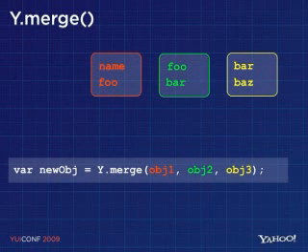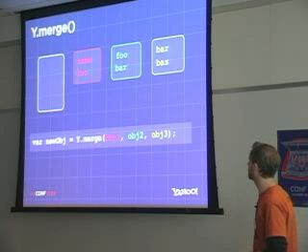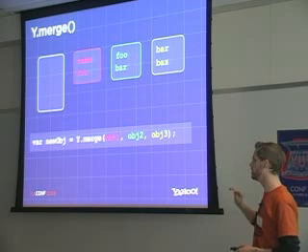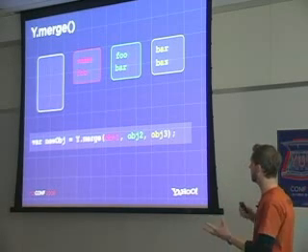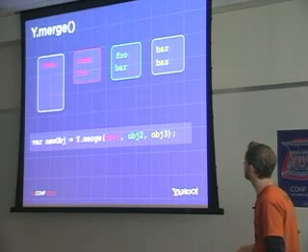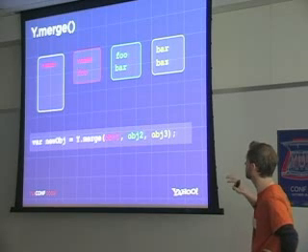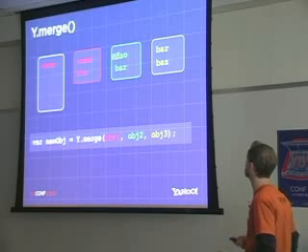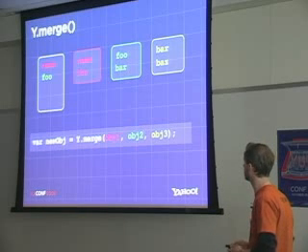So I'll pass all these objects to merge, and what merge will do is create a new object, and it'll start copying these values into it. And what merge does is, unlike mix, values from later objects overwrite values from earlier objects. If we walk through what merge will do here, it'll first take the name property from object 1, and then it'll know that both object 1 and object 2 share this foo property, but because object 2 occurs later, object 2's foo will win and get copied over into the new object.